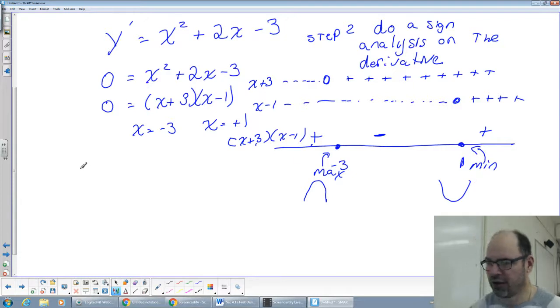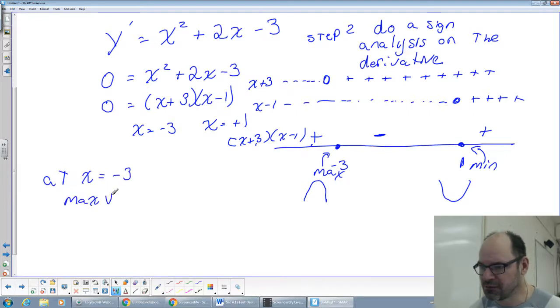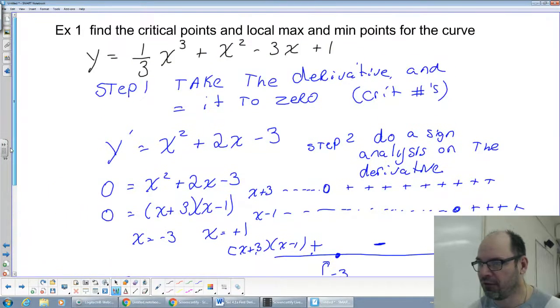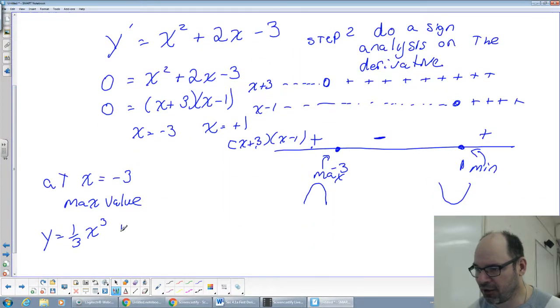Okay, so at x equal negative 3, we have a max value. We have to find the y point. So let's find the y point. y equals 1/3 x cubed plus x squared minus 3x plus 1.